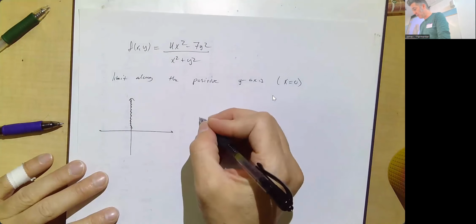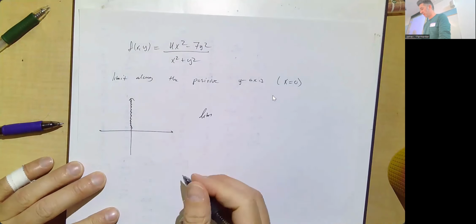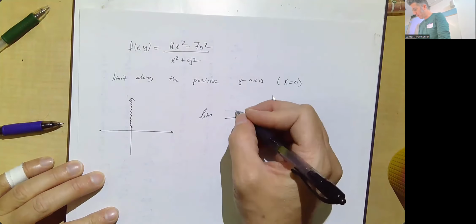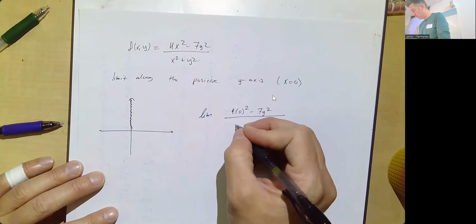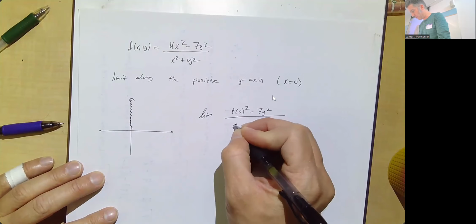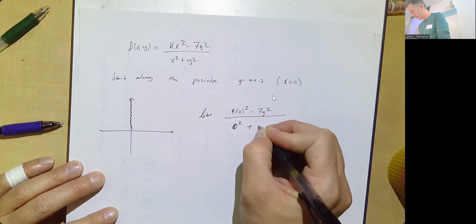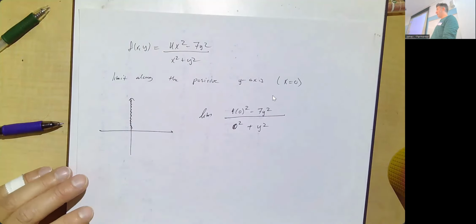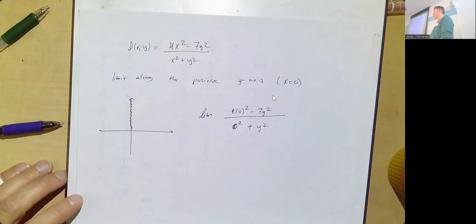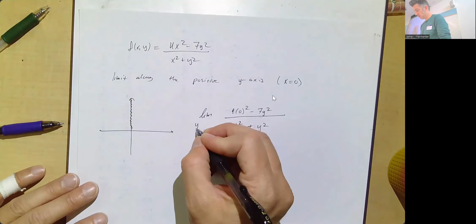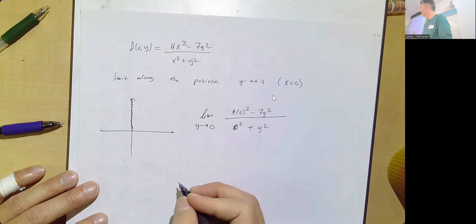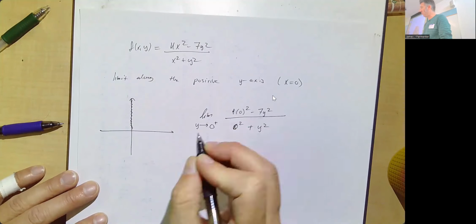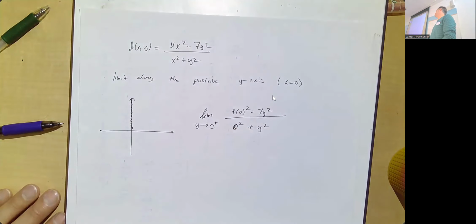We should be taking the limit, and I'm going to leave off the approaching part here for a second, of 4 times 0 squared minus 7y squared over 0 squared plus y squared. And we're doing the limit as y approaches 0 from the right, or from the positive side, right?